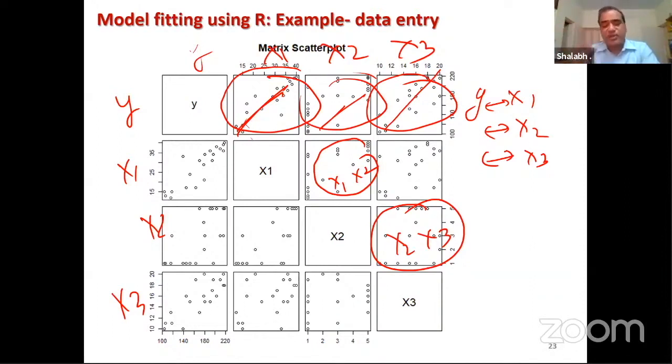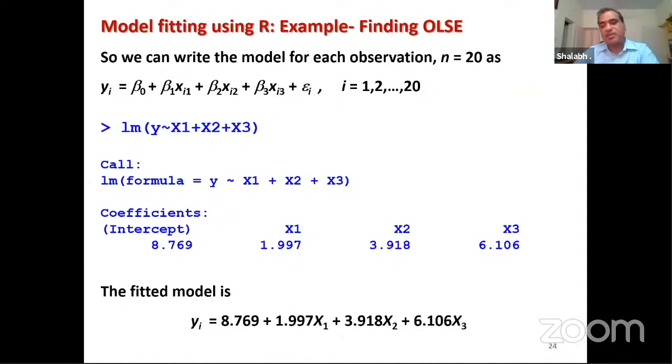Suppose we now look at x1, x2, x3, that will also give you an idea whether the independent variables are really independent or not. So anyway, we decide that this relationship is linear, and we try to find our model.